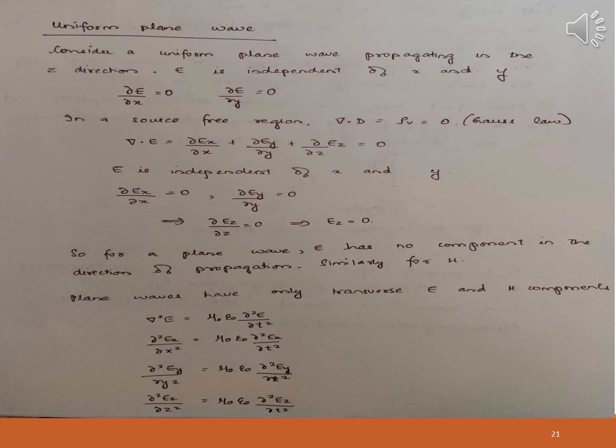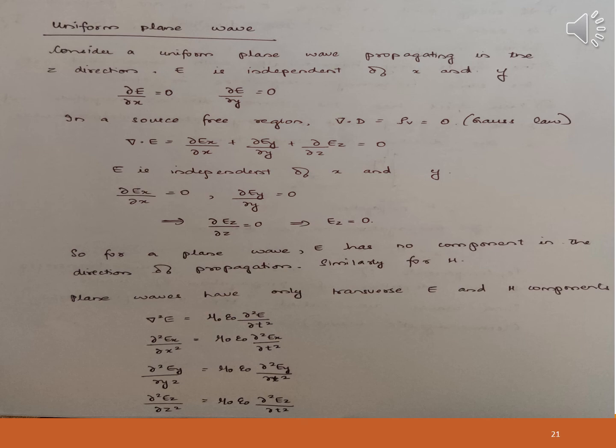Most of the equations are also the same, except for slight differences, because we're going to be a little more specific. So, uniform plane wave. The three main properties of a uniform plane wave have already been discussed, when I spoke about plane waves in general. Please review that once.